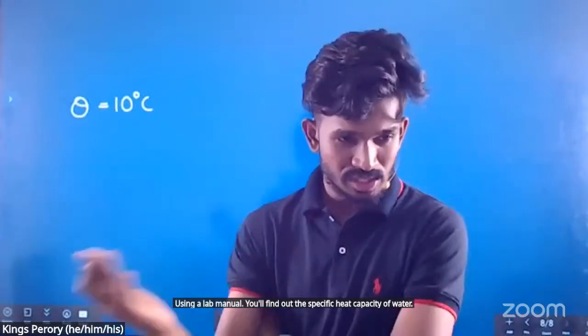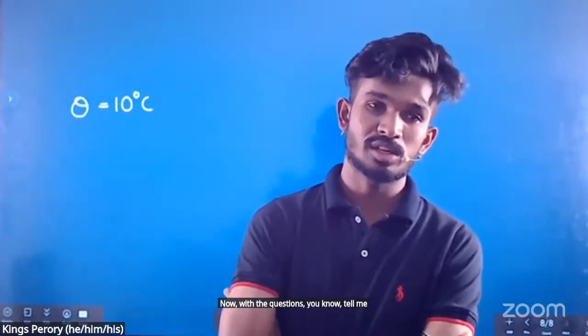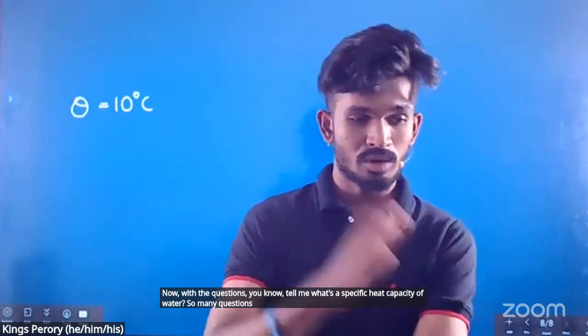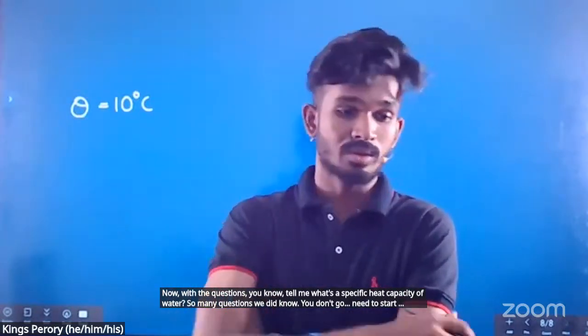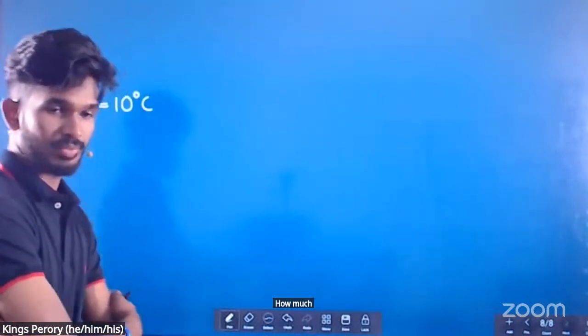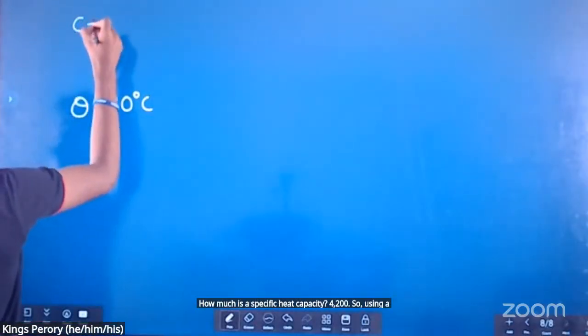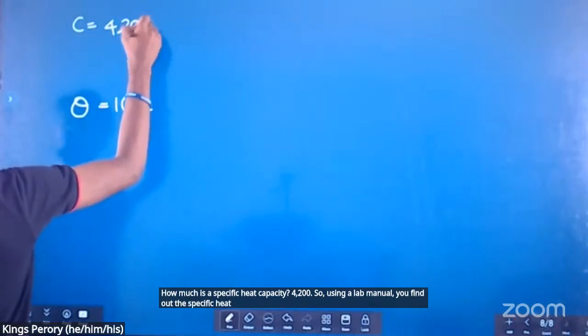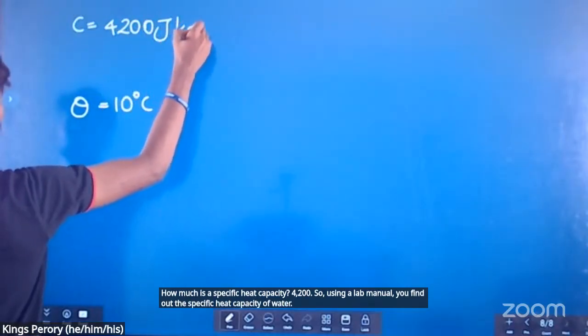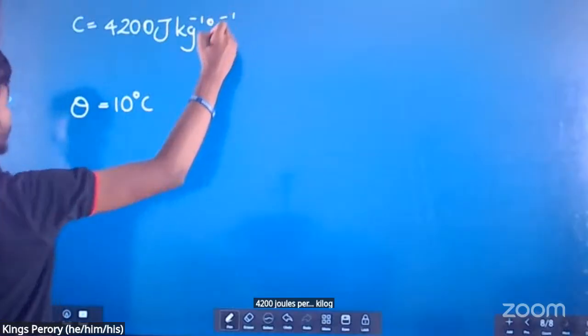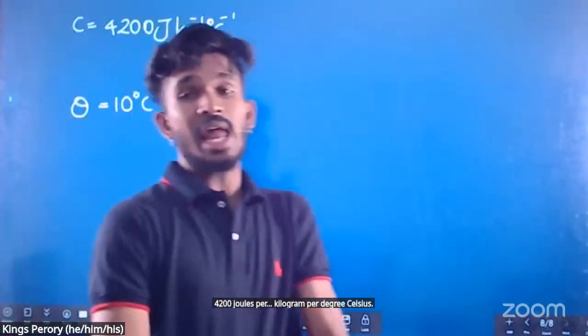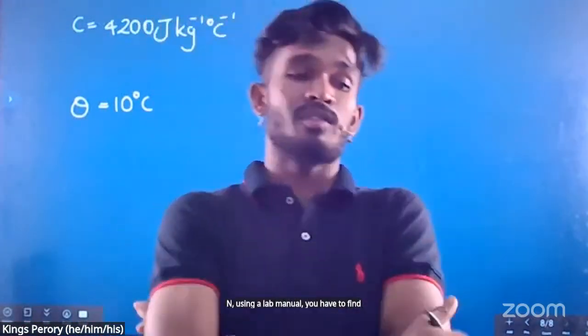Now, with the questions, tell me what's the specific heat capacity of water. So many questions we did, you know. You don't need to start searching a lab manual. How much is the specific heat capacity? 4,200 joules per kilogram per degree Celsius. And using a lab manual, you have to find the density of water.